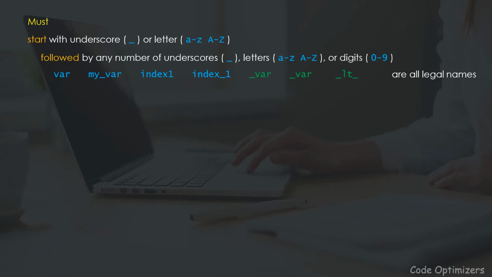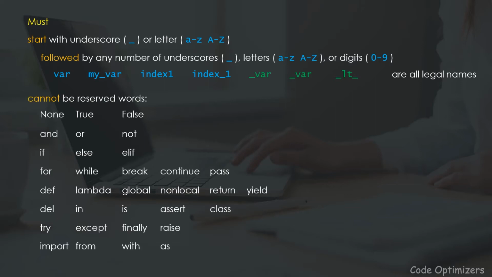The other thing is that an identifier cannot be a reserved word. So what are the reserved words? Let's see. None, True, False, and, or, not, if, else, elif. You get the idea.